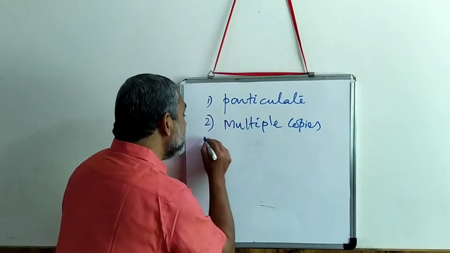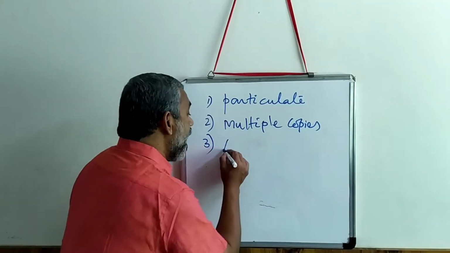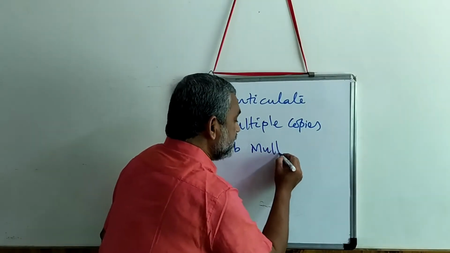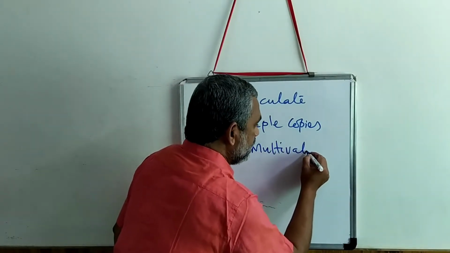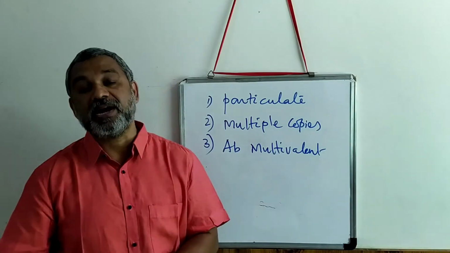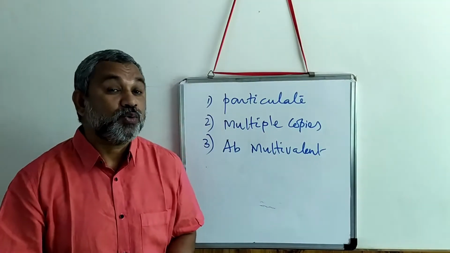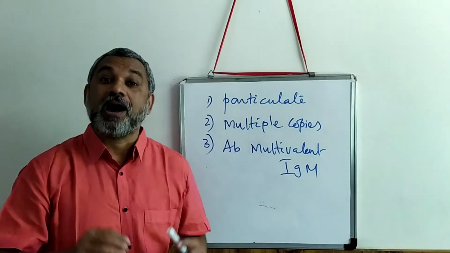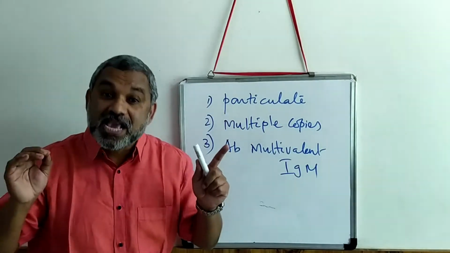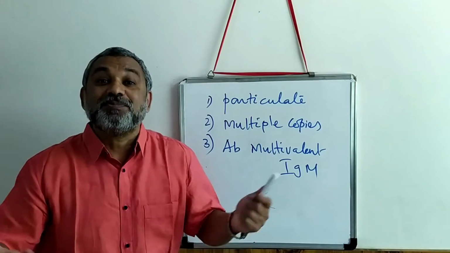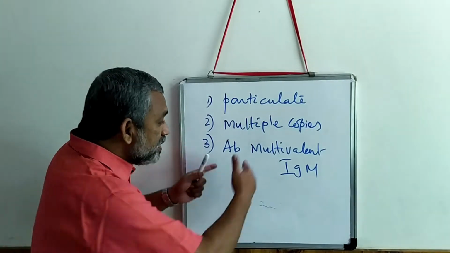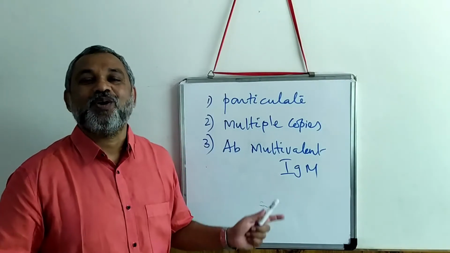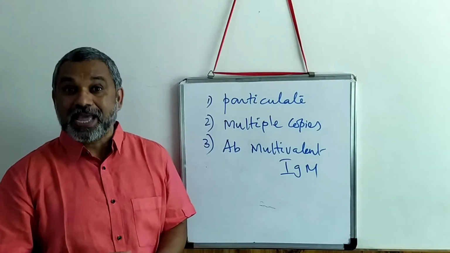And the third condition is the antibody must be multivalent. You know now that a very good antibody for agglutination reaction will be the IgM molecule because it is multivalent, and these are capable of giving rise to agglutination reaction.